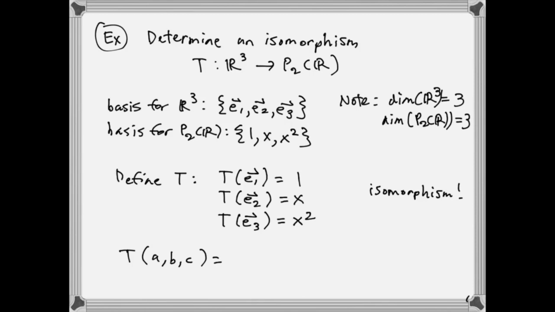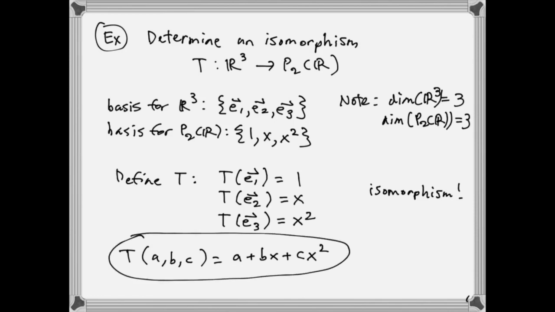Well, this is going to equal a plus bx plus cx squared. So this is our isomorphism, right? In other words, R3 is really the same as second degree polynomials. You can see the correspondence here.